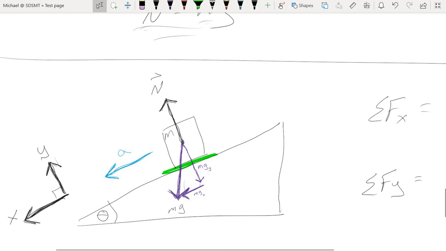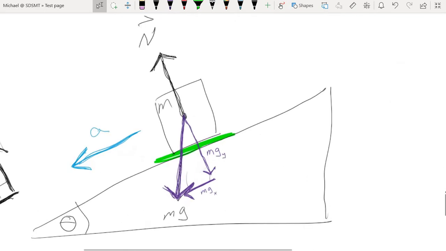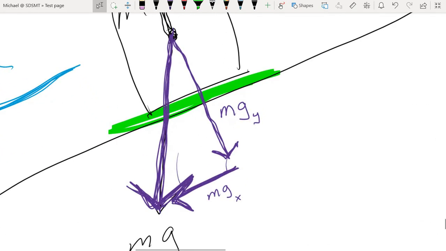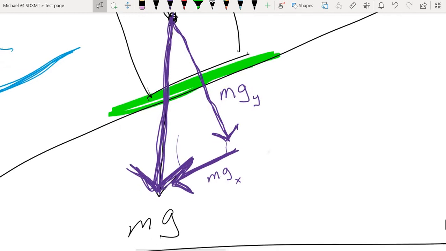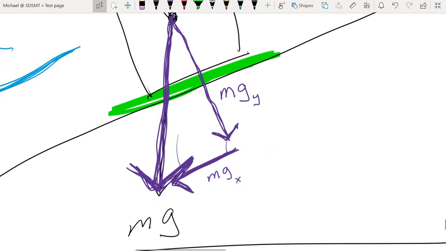It would be really nice if I had some kind of angle relationship in here that would allow me to take the magnitude of our gravity vector, which is right here.